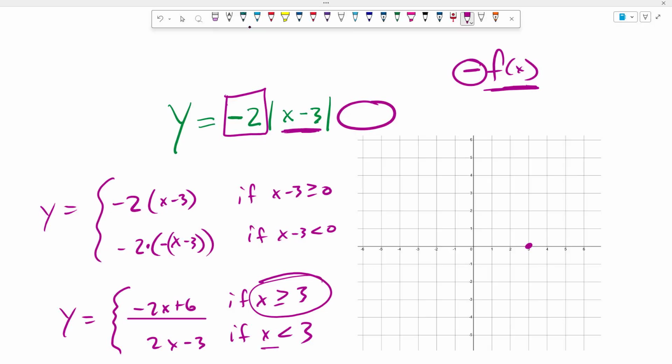To the left of 3, it has the positive slope. Okay, so it's going to do this instead. So the negative coefficient simply makes it an upside down V instead of a regular V.